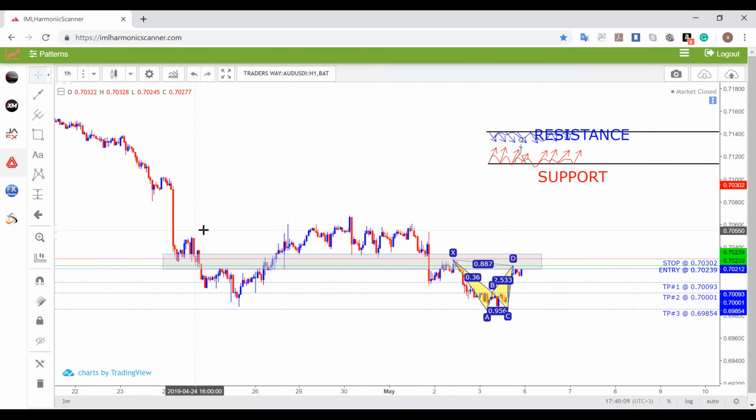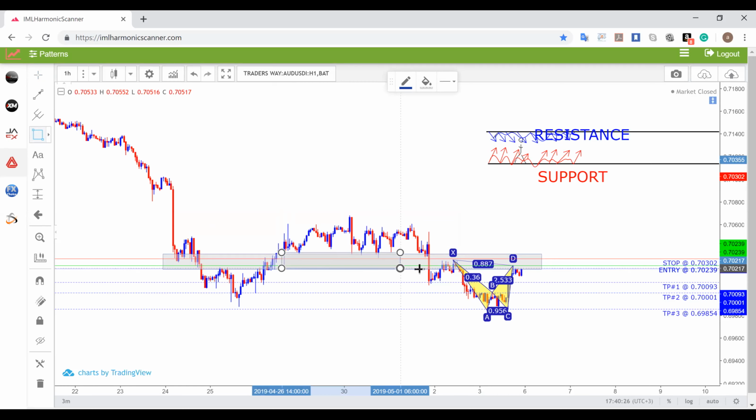Now, support, remember what I told you all about support? Price hits a zone and it goes up. It hits the zone and it goes up. What are you all seeing here?